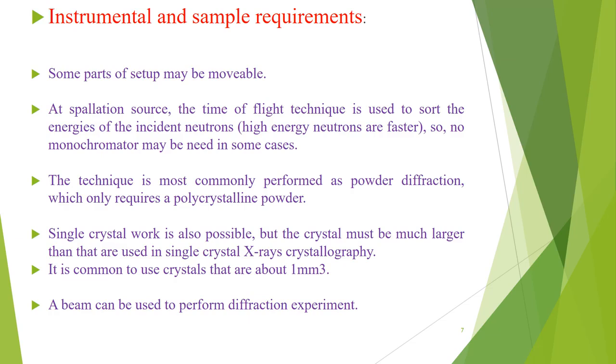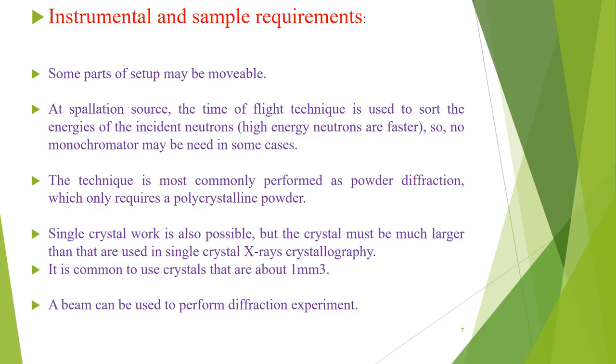Single crystal work is also possible, but the crystal must be much larger than those used in single crystal X-ray crystallography. So it is common to use crystals that are about 1 cubic millimeter.